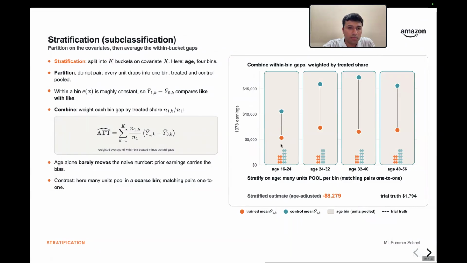So you get some effect values from each of these bins, and then you basically average them. You take a weighted average, weighing each bin by the number of samples that are present in that bin, right? And you essentially get the overall ATT estimate, right?